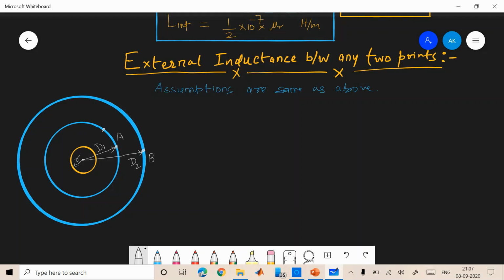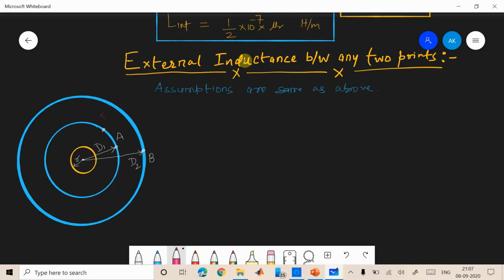Okay, and we want to know how we can write inductance between these 2 points A and B. So for that, the same procedure we will apply, that we will consider a small cross section area of dx cross 1 in between A and B.